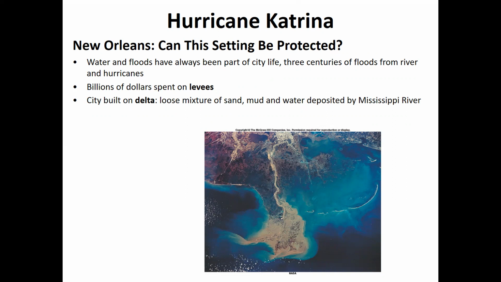So the water and floods have always been part of life in New Orleans. There's 3 centuries of floods from rivers and hurricanes. Billions of dollars have been spent on levees. It's a city built on a delta, which is a very loose mixture of sand, mud, and water deposited by the Mississippi River. So, this is a very precarious area.